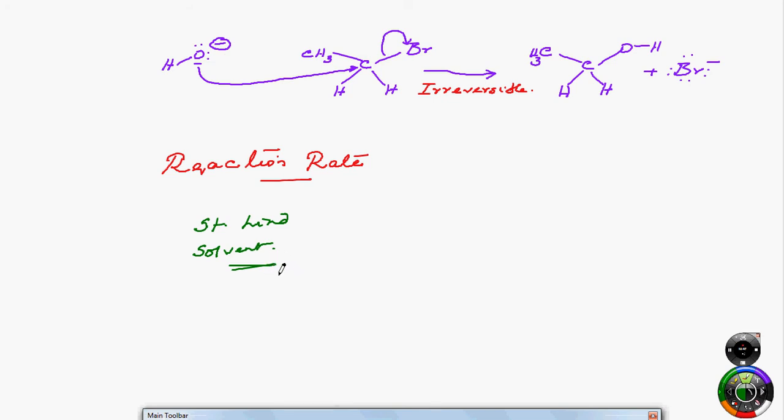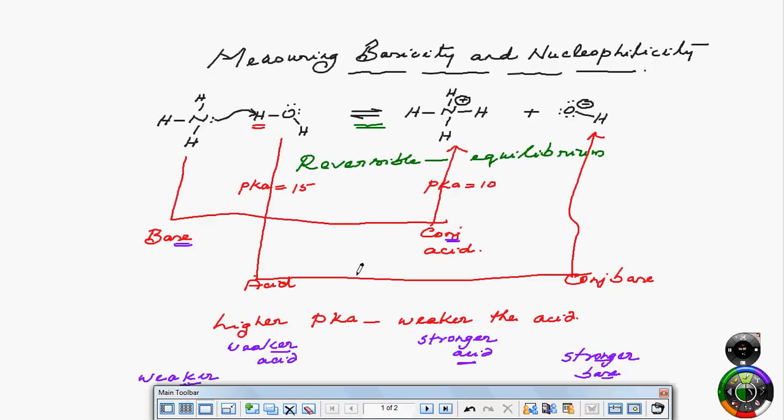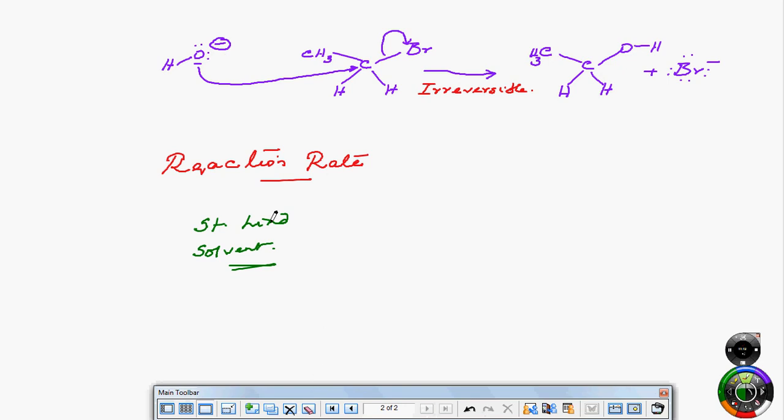So what we have learned is, we measure basicity by measuring the pK values, or by measuring the equilibrium constants, whereas nucleophilicity is measured by measuring the reaction rate.